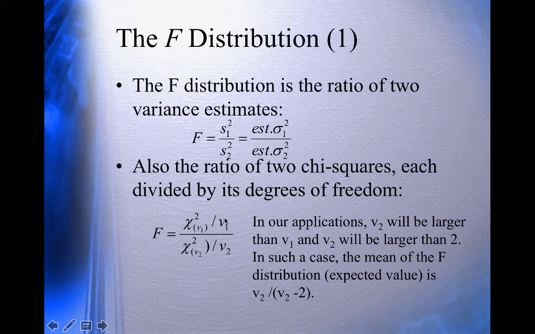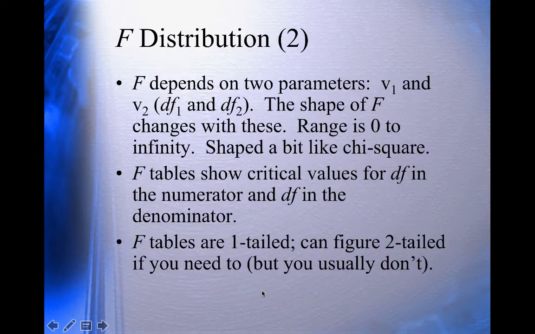So typically, in garden variety statistical applications, V2 is going to be bigger than V1. If that's the case, then the mean, or expected value, of the sampling distribution will be V2 divided by V2 minus 2. So it's close to 1.